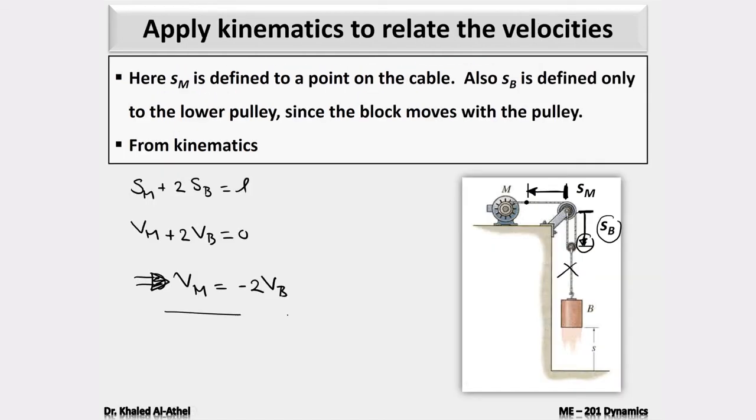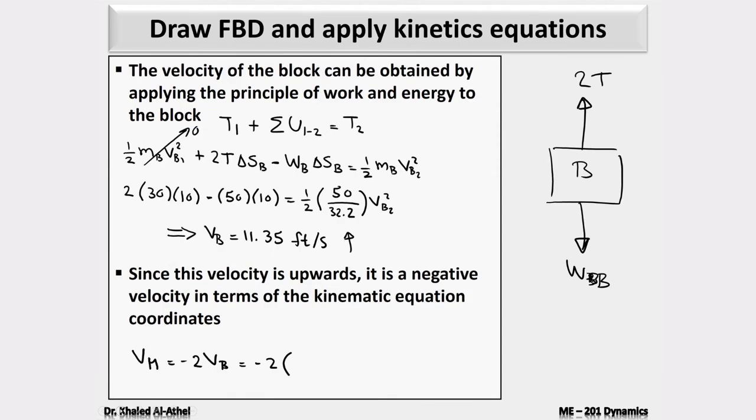In this equation, we are defining Vm positive to the left, Vb positive downward. So in this case, I have to make sure that I write this as minus 11.35, which will give me a positive number, 22.7 feet per second. Okay.